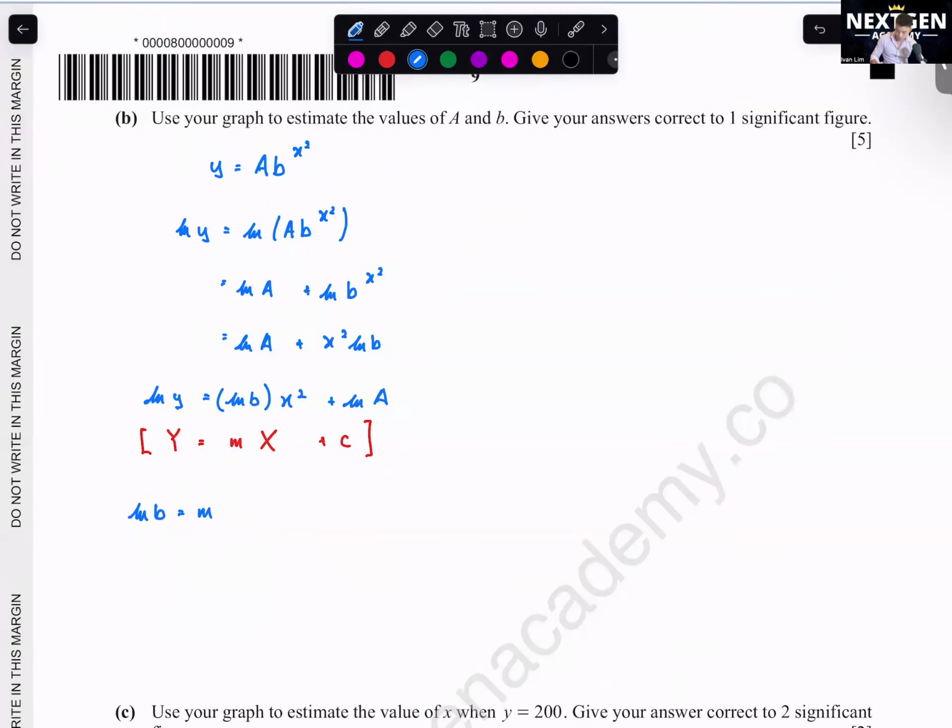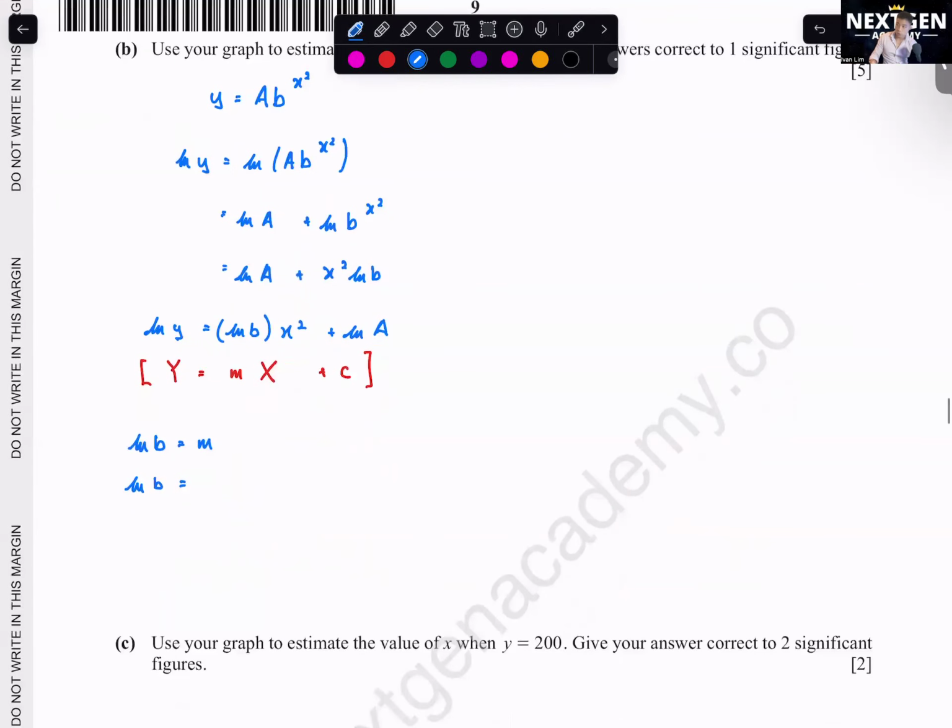So ln B is equal to, okay, let's take 2 points. Since the graph passes through all the points, what I like to do is take the last point and the first point. The coordinates of the last point are 9, 8.18. The first point is 1 and 2.64. All right, so we'll do y2 minus y1 over x2 minus x1.